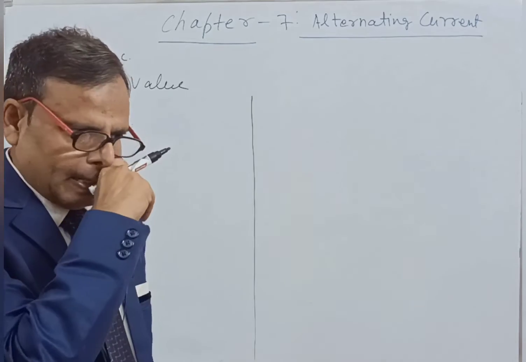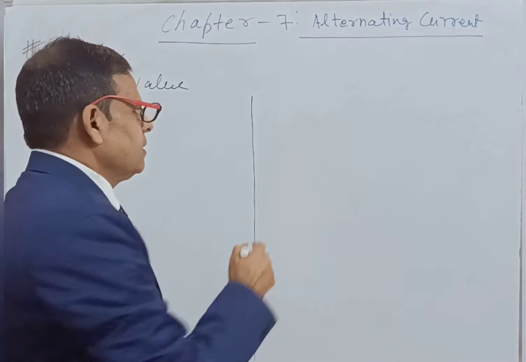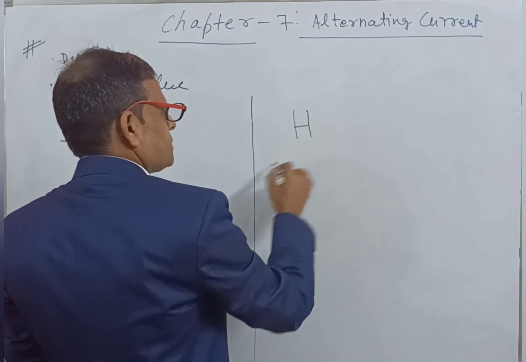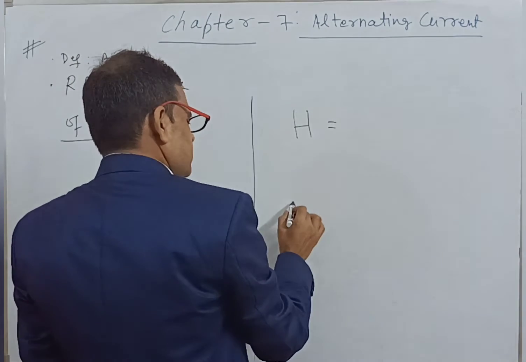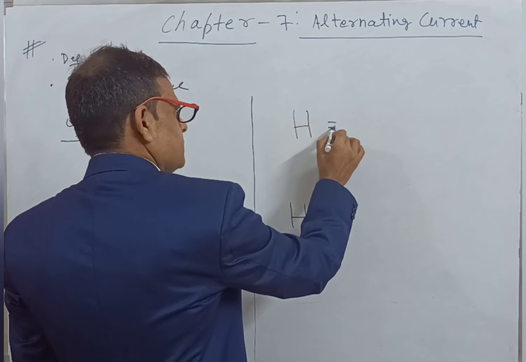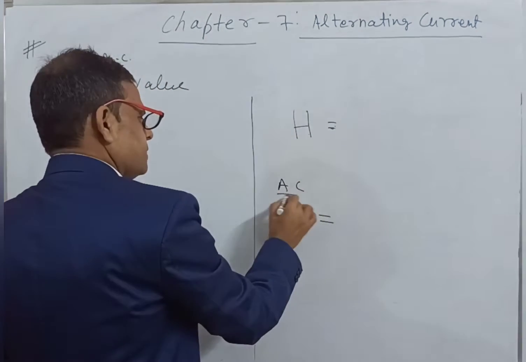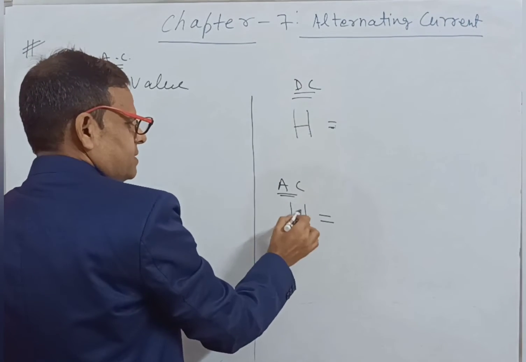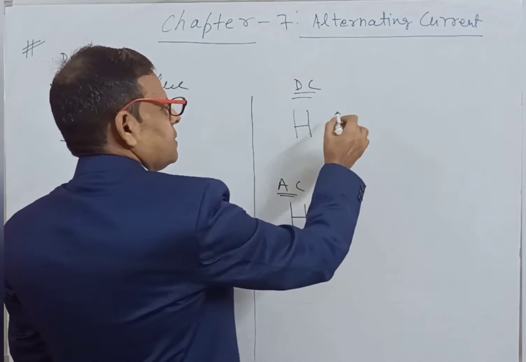Suppose the heat generated by DC current is H, and the same heat H is generated by AC.